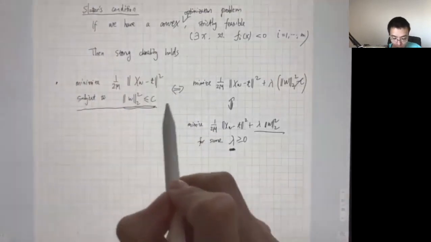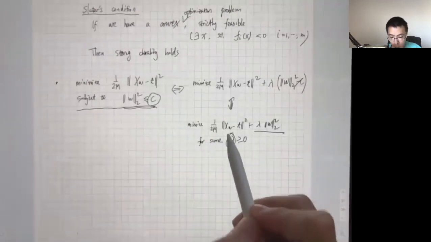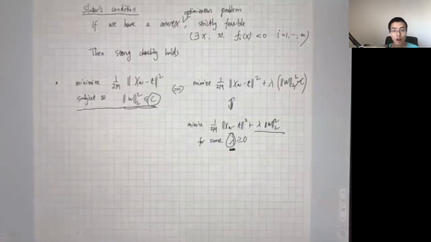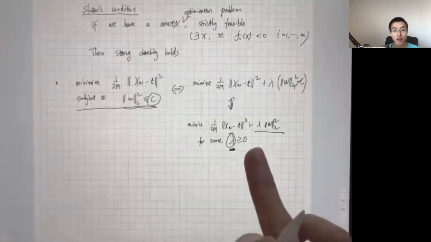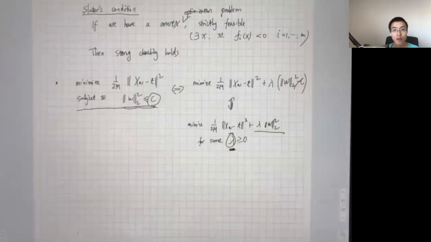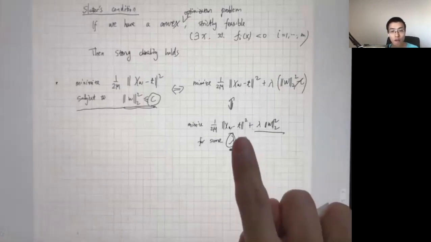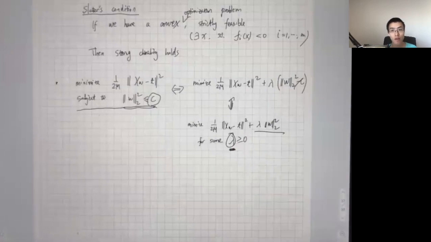And actually, there's some correspondence between C and lambda, right? If you have a large C, it means you have a weaker condition, then your lambda should be smaller. But if you have a small C, it means your constraint is very strict, then you have a very large penalty for that. But there may not be a one-to-one correspondence.